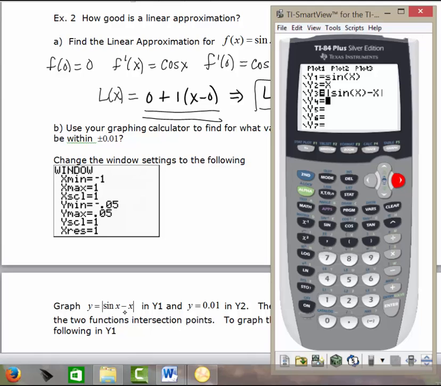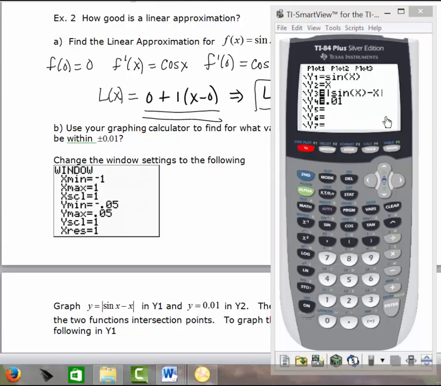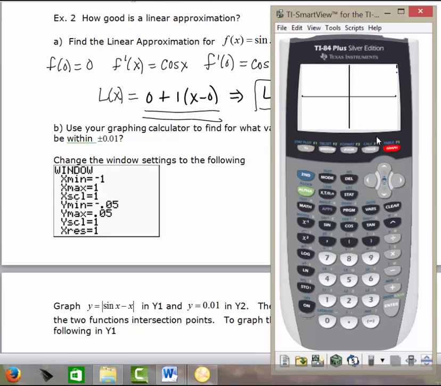I'm going to type in y equals 0.01 in my y4. Because I'm using the absolute value, I don't need to graph negative 0.01. So let's graph the error along with the horizontal line y equals 0.01.